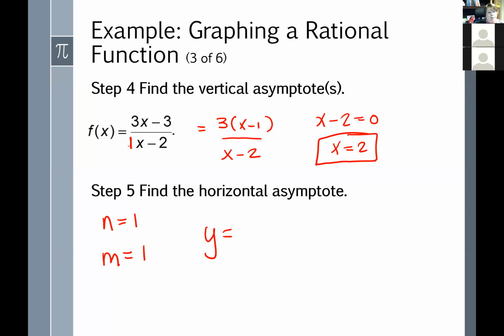There's an understood 1 in front of that x. So 3/1 or 3 is our horizontal asymptote. And that should kind of make sense to you: as x gets increasingly big, the -3 and the -2 become negligible. So all you would have left is that ratio of 3/1.